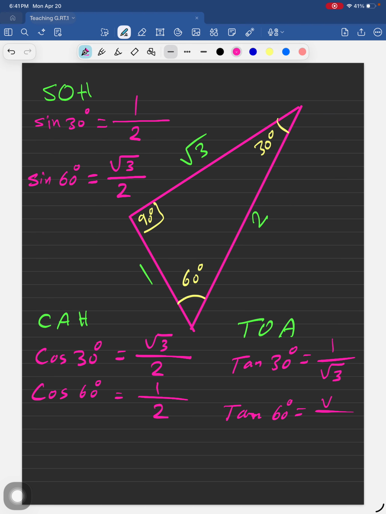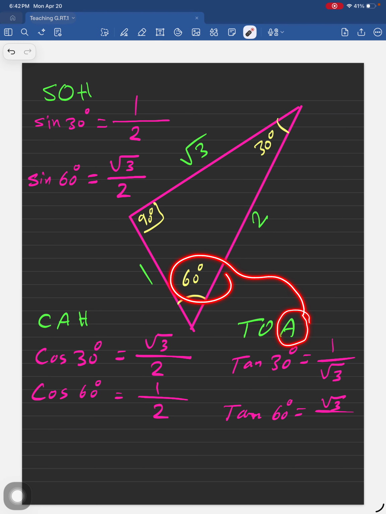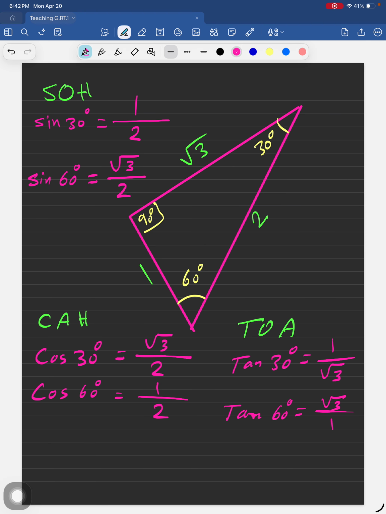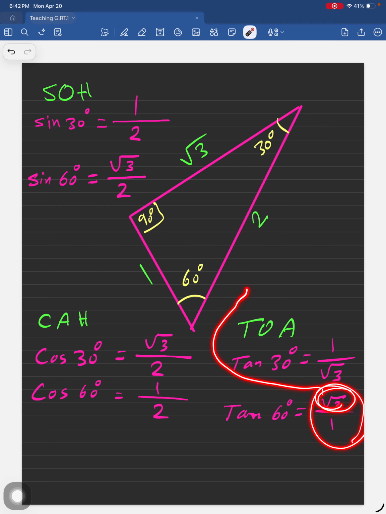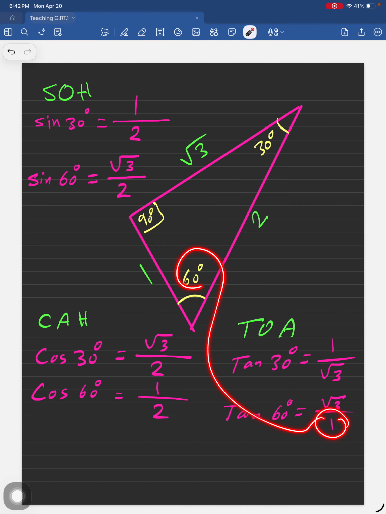And now, secondly, we use the A, which is adjacent to the 60, the nearest to the 60, which is 1 here. So take the 1 and write it down in the denominator. So the tangent of 60 is square root of 3, which is the opposite of the 60, over 1, which is adjacent to the 60.